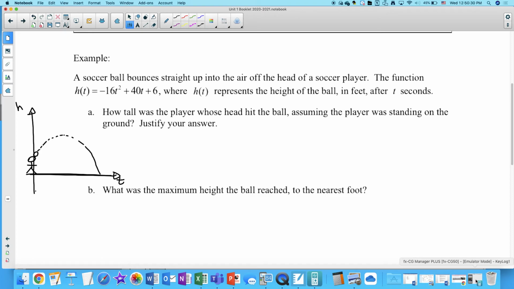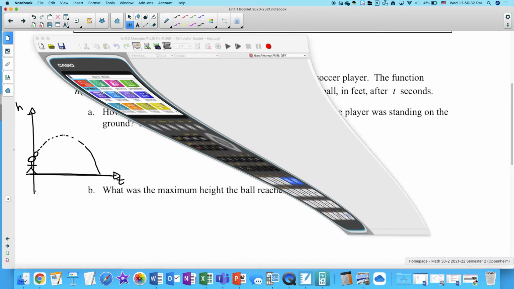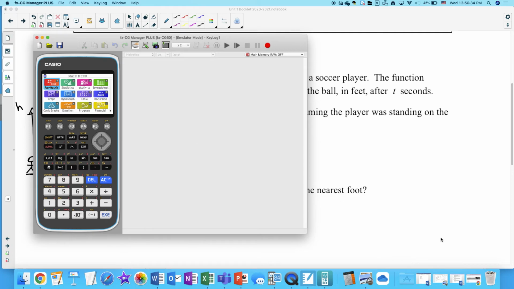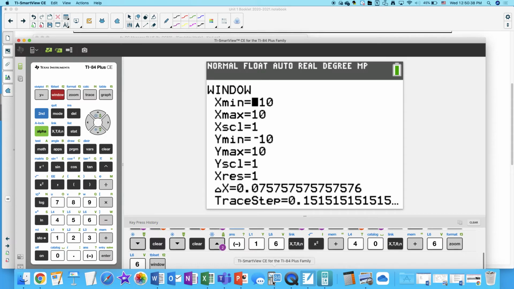If you've ever played soccer or watched soccer, you can hopefully imagine how long the ball is in the air for. I would say it's less than 10 seconds, maybe even 8 seconds. I'm going to make my x minimum 0 because that's time, and it starts at time equals 0 when the ball is headed. And then I'm going to make this 8 seconds. The x scale of 1 is fine.